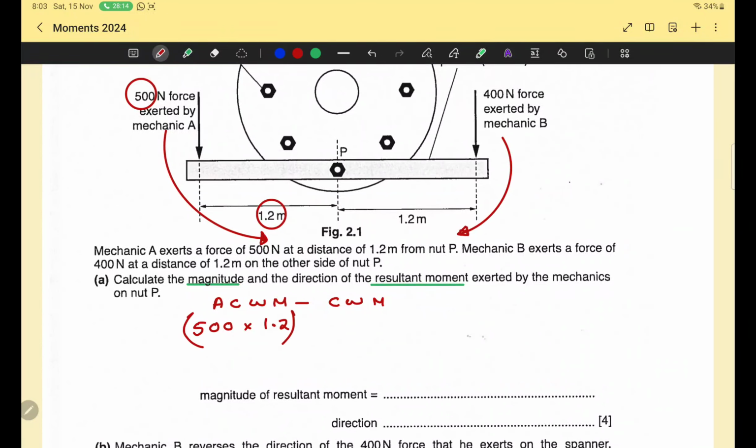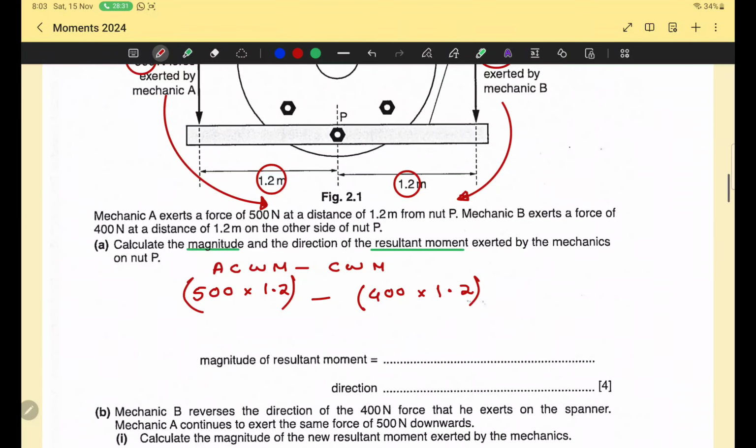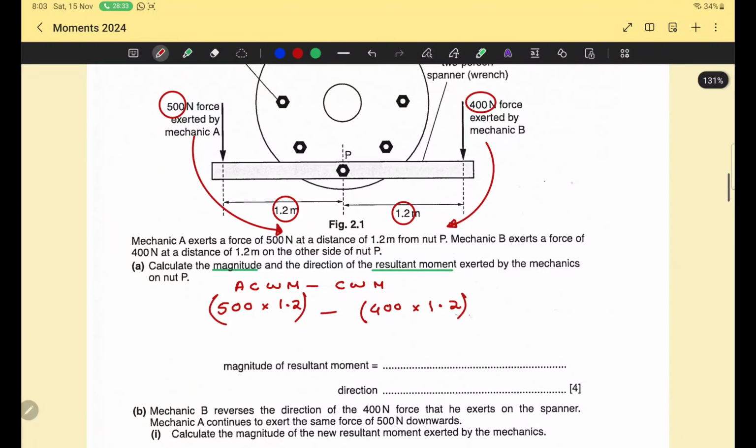The clockwise moment is produced by the 400 Newton force, also 1.2 meter away from the pivot. If you solve these numbers, you can easily calculate the magnitude of the resultant moment.